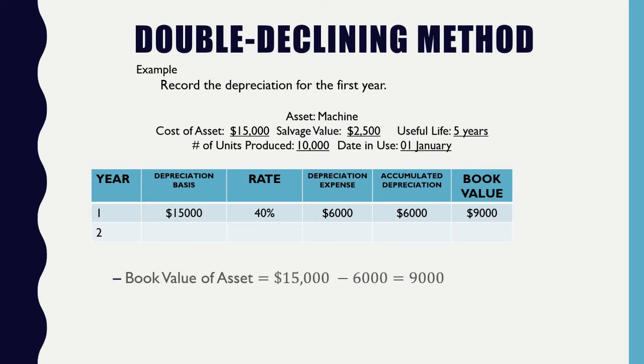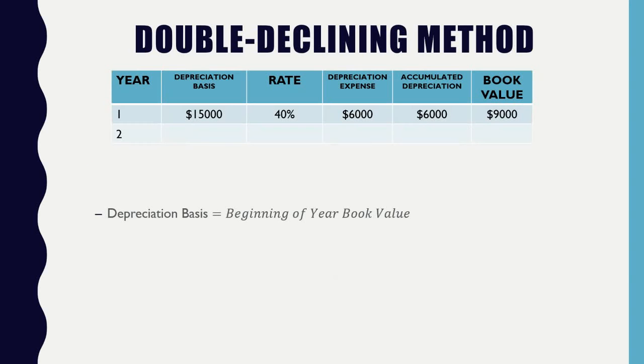If I were to do the depreciation for the next year, what is going to be my depreciation basis then? Your book value from the previous year. Correct. So from here, right, I'm solving for this. Now, of course, I know that my second year is going to be the beginning of the year book value, right?